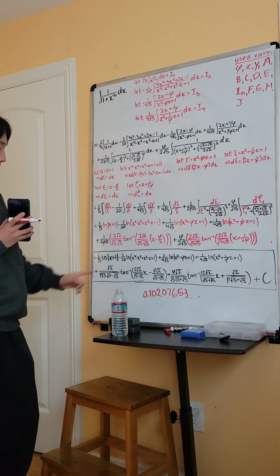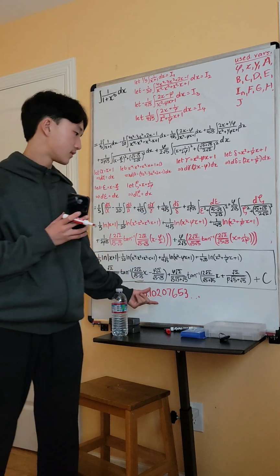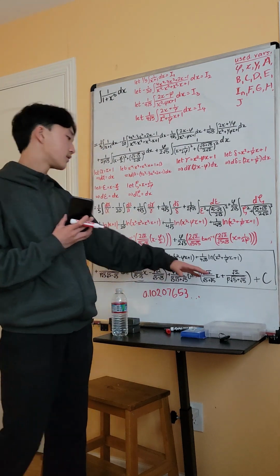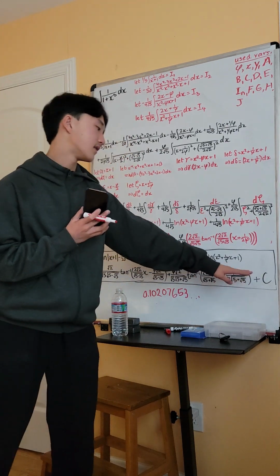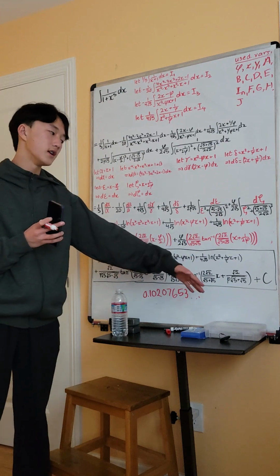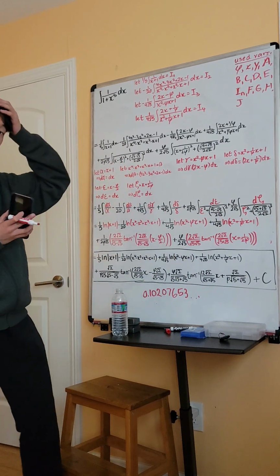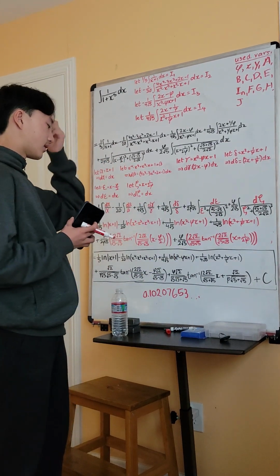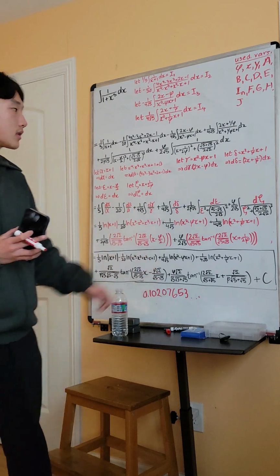But for the graphs to look the same, instead of adding just c, you would have to add that. That's the beauty of c: because this can be shifted by a constant, you just wouldn't know. But it's approximately that.